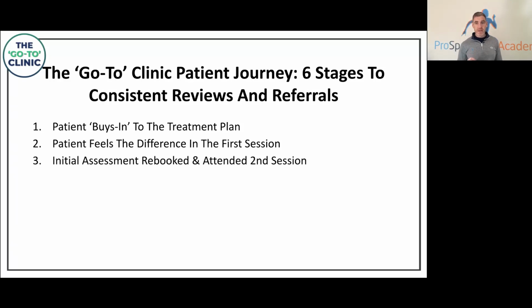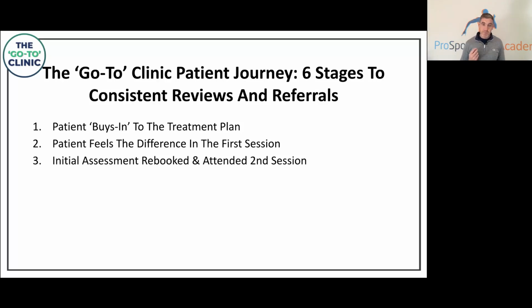And then the third stage of the go-to clinic patient journey is that the patient actually attends the second session. So there are some key actions in stage 3 also in order to drive that metric of the IA rebook rate. So if we want to improve our initial assessment rebook rate, you can see 50% of the stages of the patient journey are in this metric.